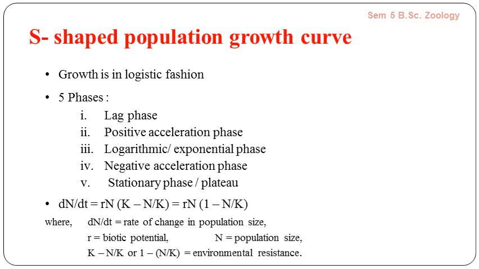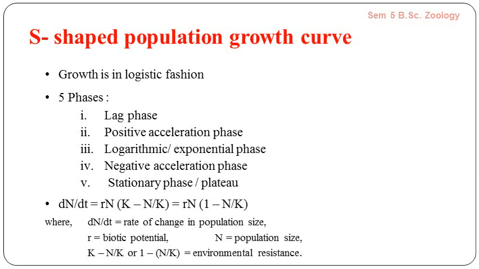Now, once this increase picks up, it reaches a particular level where the population size is so high that there is competition among the individuals of the population for food, water, space, etc. There could be more predation, parasitism, diseases, etc. So environmental resistance increases.